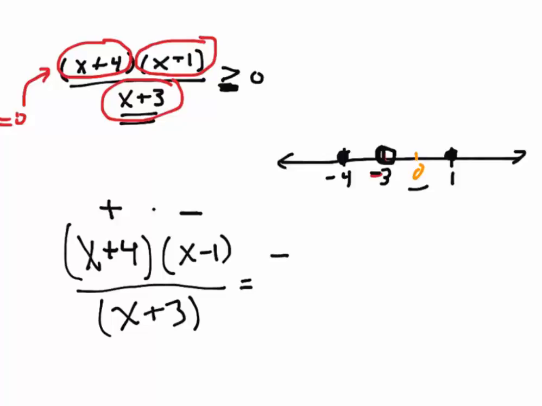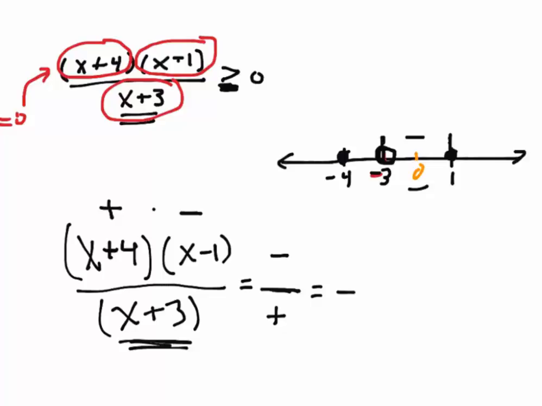On the bottom, if I plug a 0 in down here, I get a +3. So a negative divided by a positive would be negative. So between this critical point and this critical point, the point that I chose is negative, meaning all of them in between there would be negative.